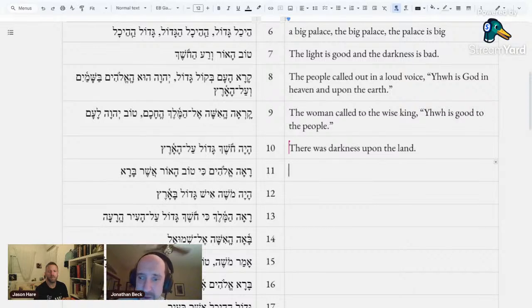But again, darkness was over the surface of the deep. There was a great, I missed the word gadol, sorry. There was a great darkness upon the land, or darkness was upon the land. Choshech gadol al haaretz. A great darkness was upon the land. I know it looks weird because it doesn't occur this way, but yeah.